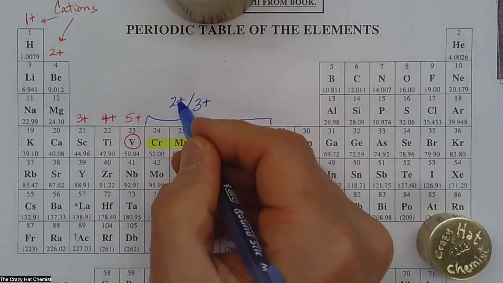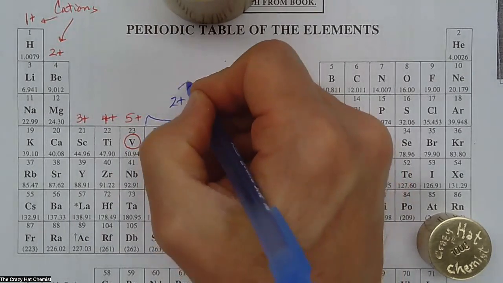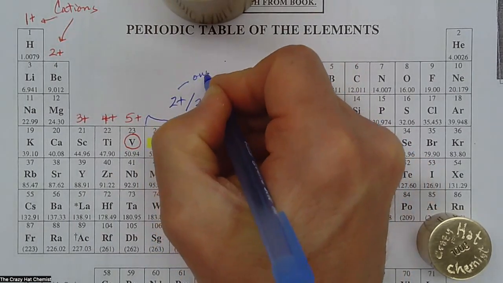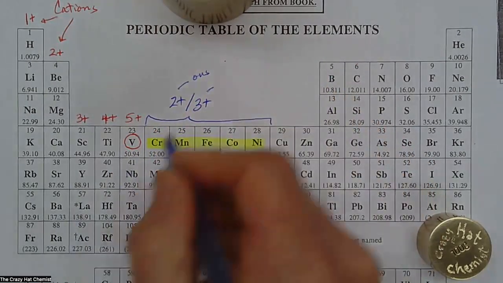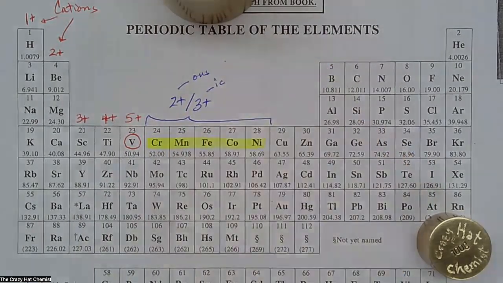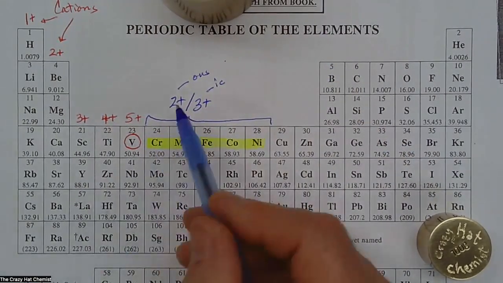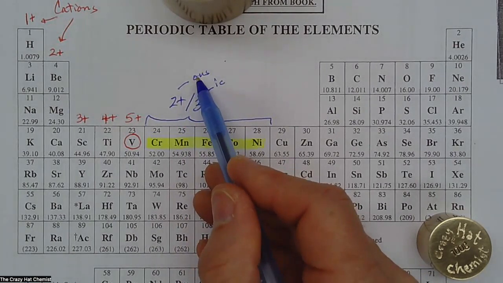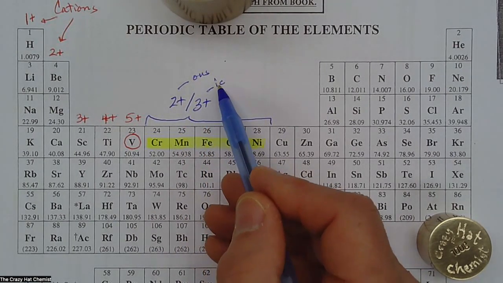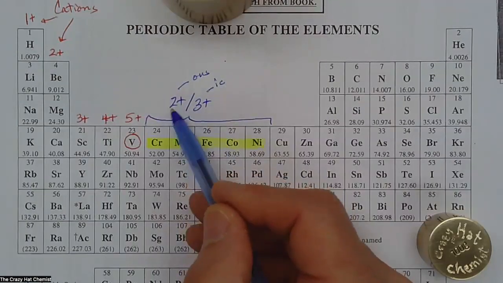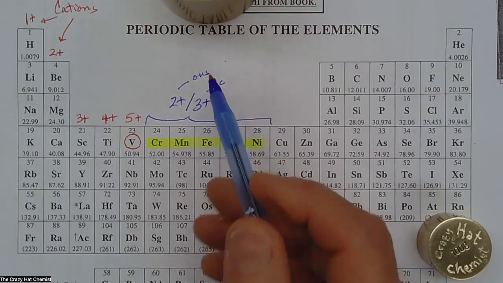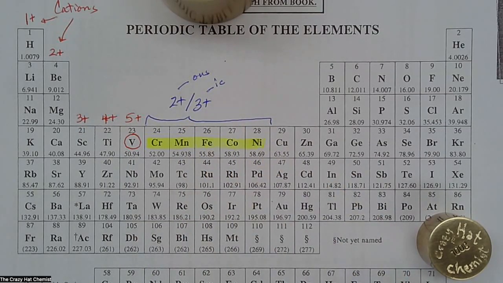If it is a 2 plus charge, the common name has an OUS ending. If it has a 3 plus charge, then the higher charge has an IC ending. Remember, it doesn't mean that 2 plus goes to OUS, doesn't mean that 3 plus goes to IC. It's the lower charge that is the OUS, the higher charge is the IC, and I'll show you that here in just a moment.